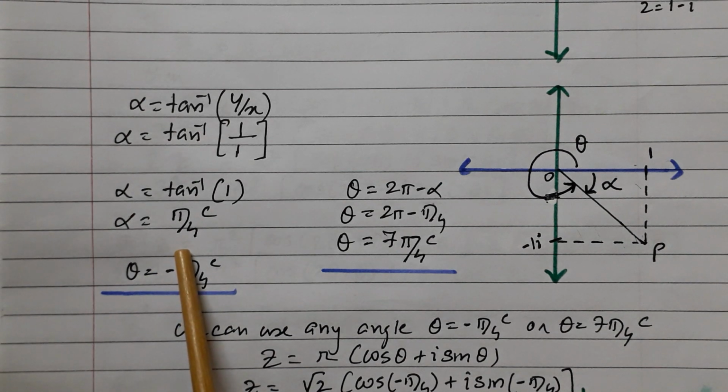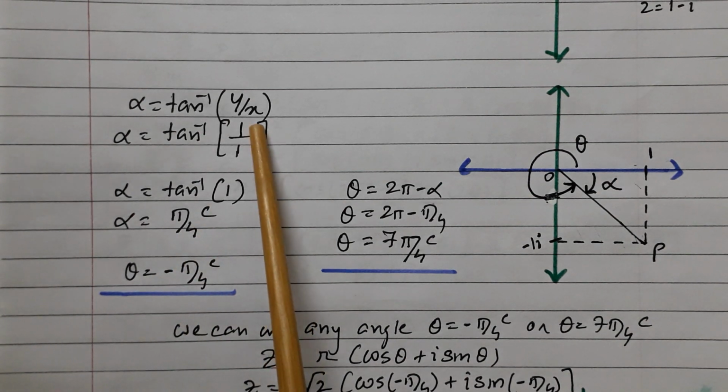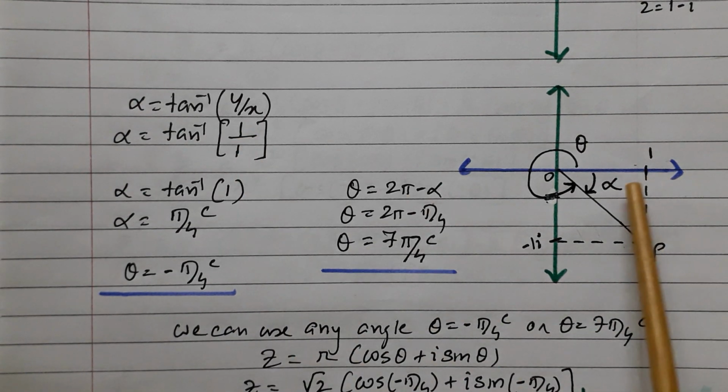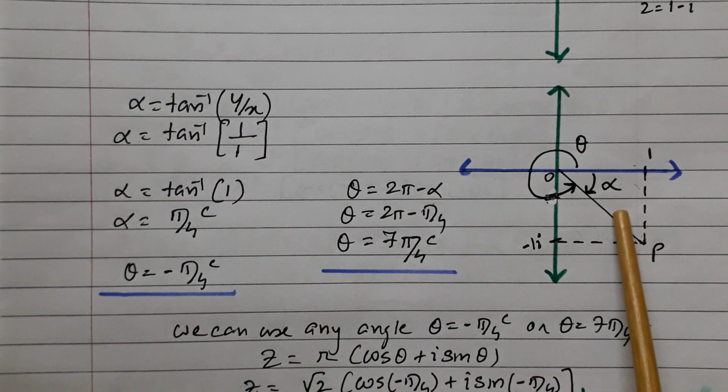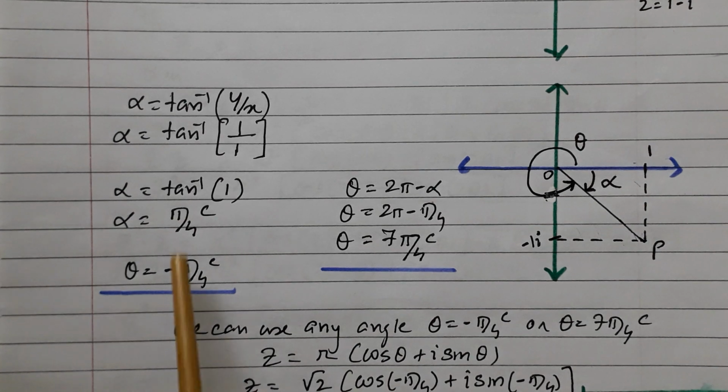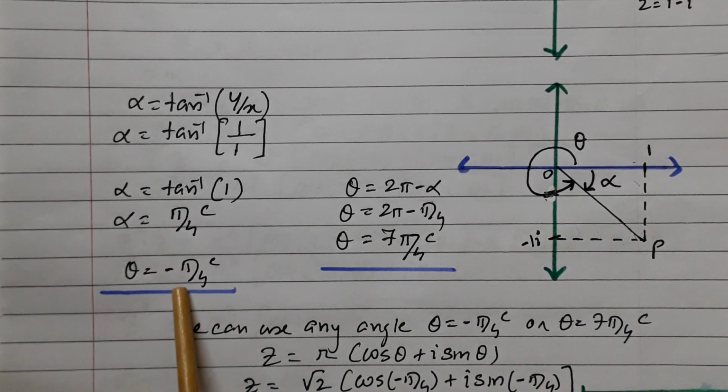Now we have got a positive angle because we have put x and y both as positive. However, the arm is turning along the clockwise direction, so this angle is negative. So we will write theta is equal to minus pi by 4, that's the negative value of alpha.